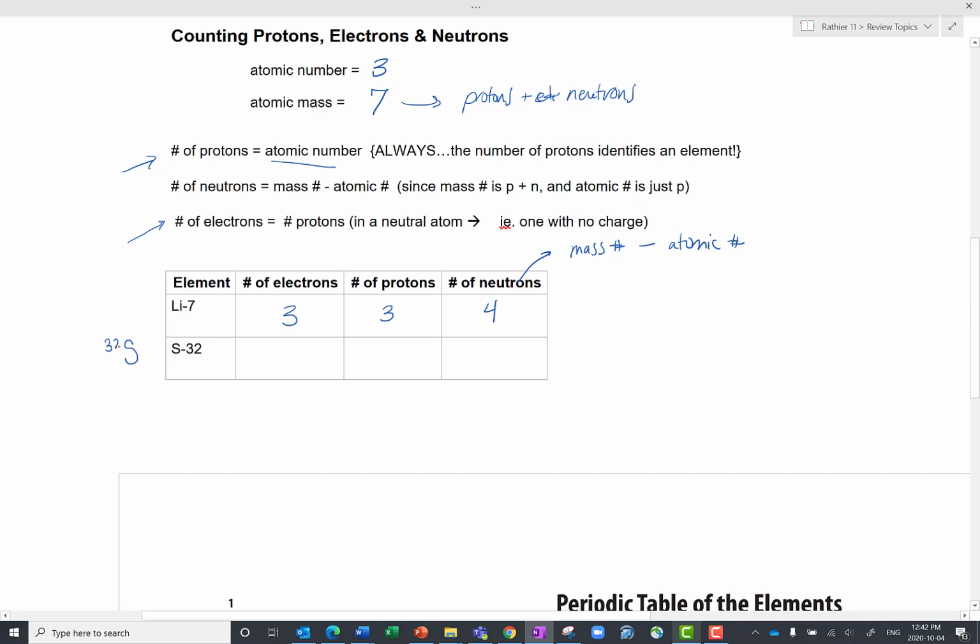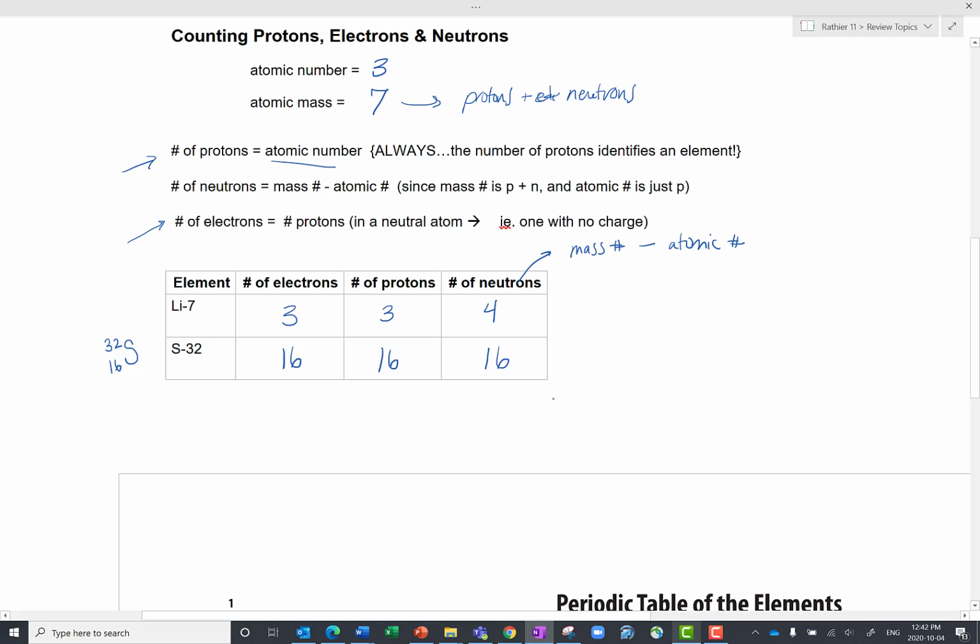So if I start over here, I've got a mass number of 32, atomic number of 16. To count the number of protons, that's the atomic number. The number of electrons is the same because it's a neutral atom. And then I find the difference, 32 minus 16 is equal to 16.